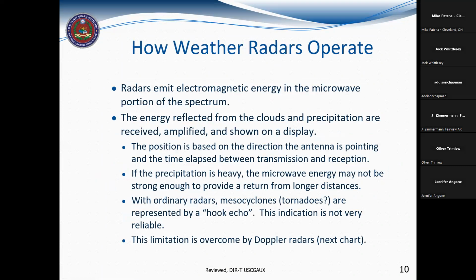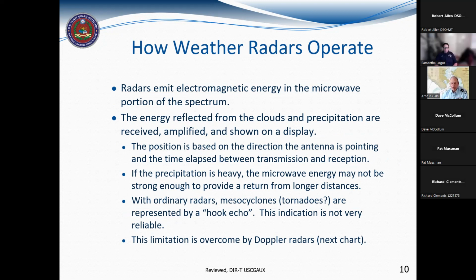How does weather radar operate? It works on the principle of emitting electromagnetic energy in the microwave portion of the spectrum, and the energy reflected from clouds or precipitation is then received, amplified, and shown on a display.